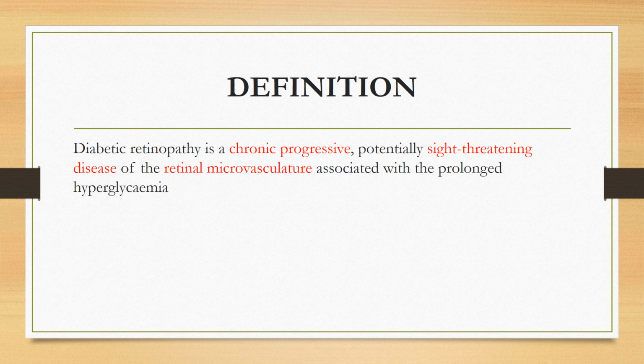Coming to the definition, diabetic retinopathy is a chronic progressive disease which is potentially sight threatening, and it occurs when the patient has prolonged hyperglycemia, associated with retinal microvascular changes. The complete definition: diabetic retinopathy is a chronic progressive potentially sight threatening disease of the retinal microvasculature associated with prolonged glycemia.